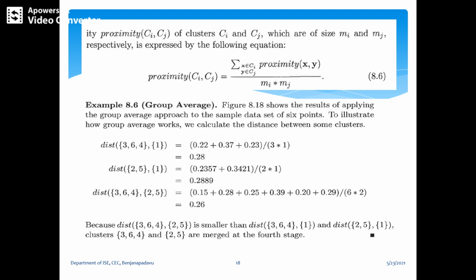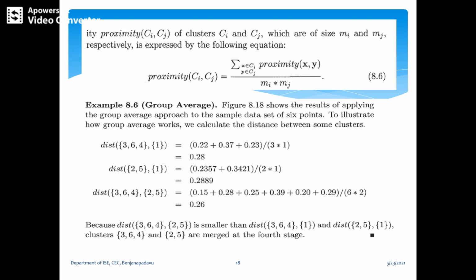So this equals 0.22 plus 0.37 plus 0.23, divided by 3 into 1. So we simply take the point values of 3 and 6, and 3 and 1, and divide. So we are getting the distance between all these points as 0.28.